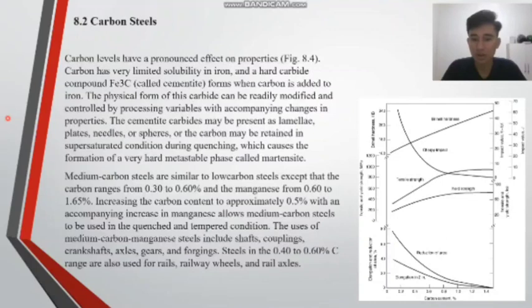The uses of medium carbon manganese steels include shafts, couplings, crankshafts, axles, gears, and forgings. Steels in the 0.40 to 0.60% carbon range are also used for rails, railway wheels, and rail axles.